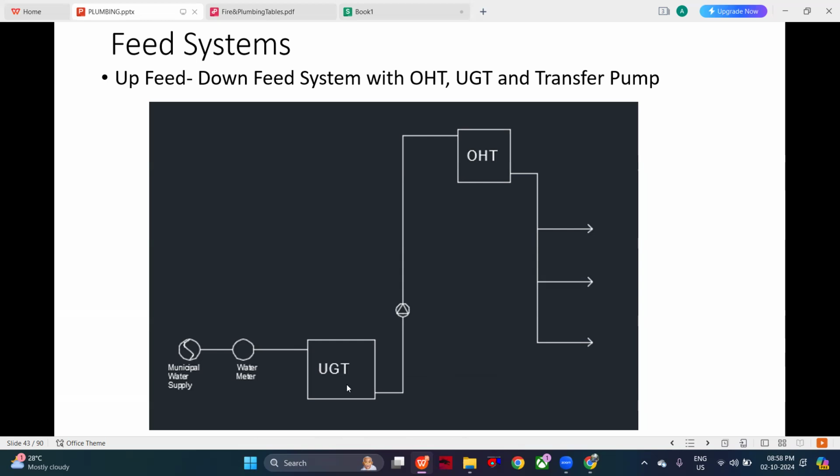Because in normal municipal water, they distribute water twice in a day or once in 4 days. So that is the time duration they have. The underground tank acts like a storage. For 4 days, it will store the water, and the overhead tank will store the water for 1 day.